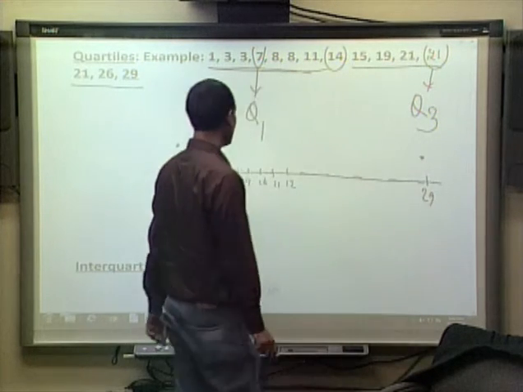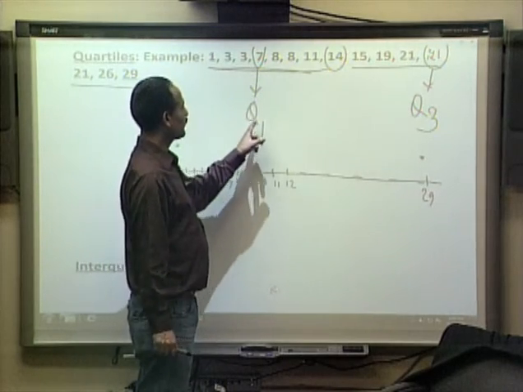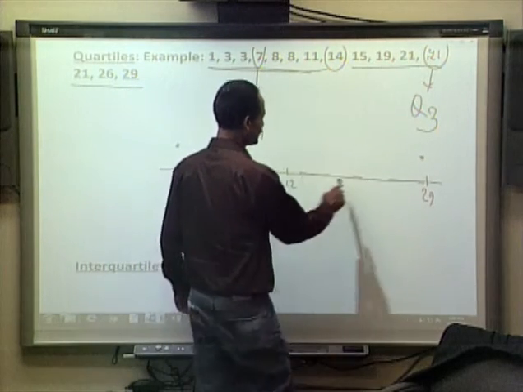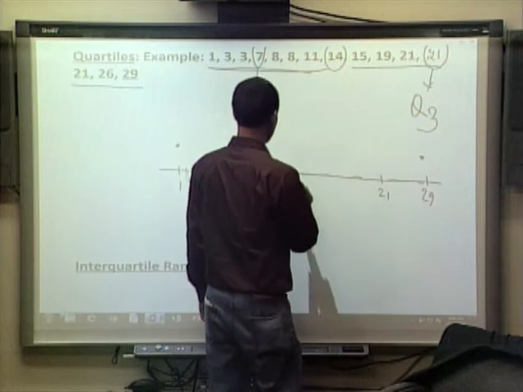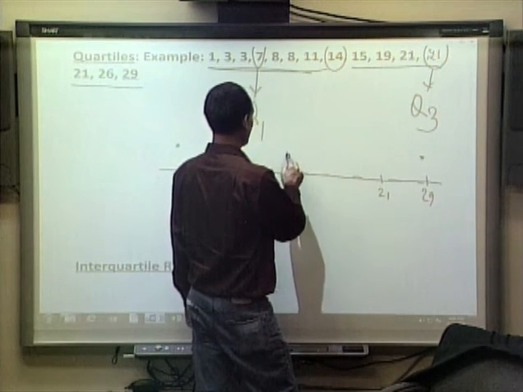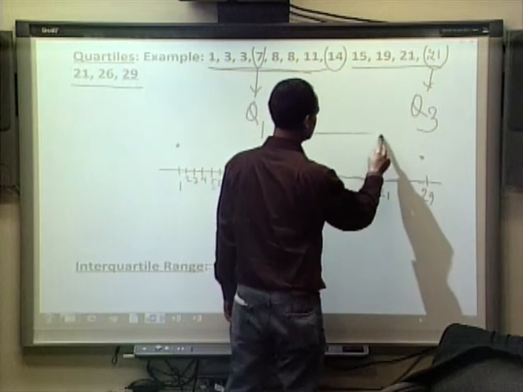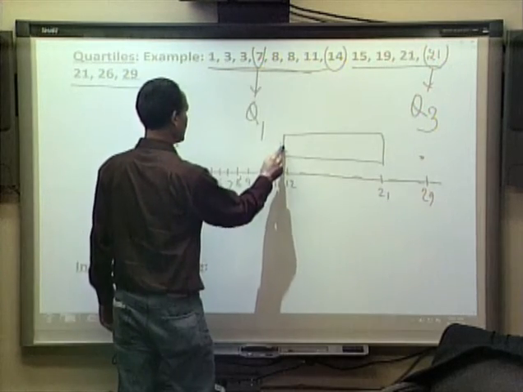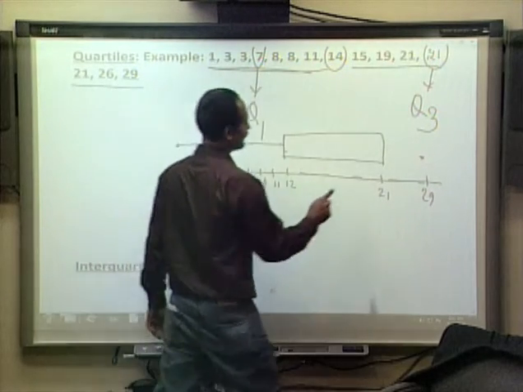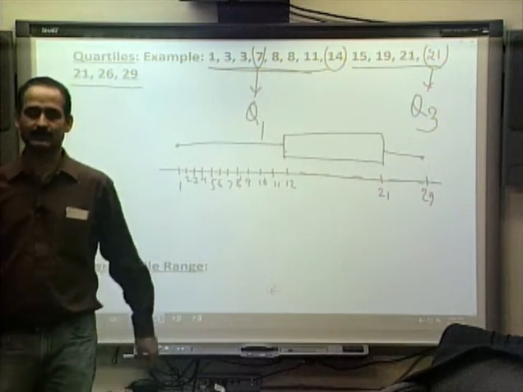Here we will have a box extending from the lower quartile to the upper quartile. So, this is 12. So, 21 will be somewhere here. So, this is the lower end of the box, this is the upper end of the box, and the lower edge of the box will be connecting to the smallest and the upper edge will be connecting to the largest.